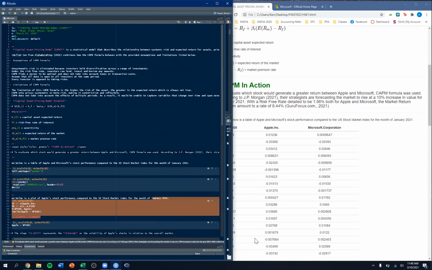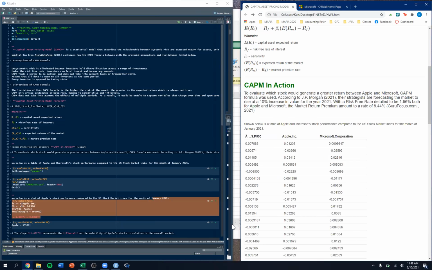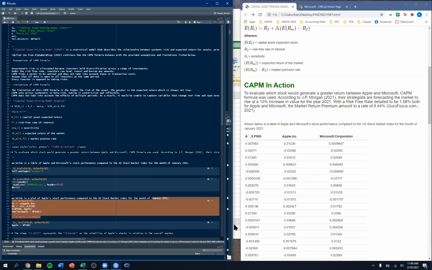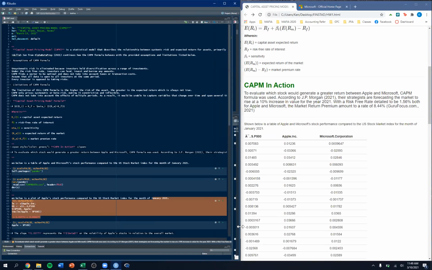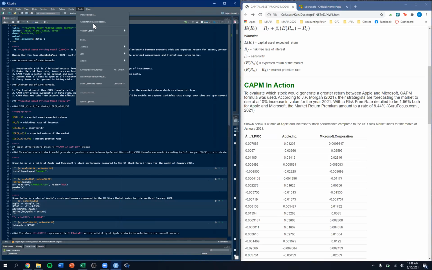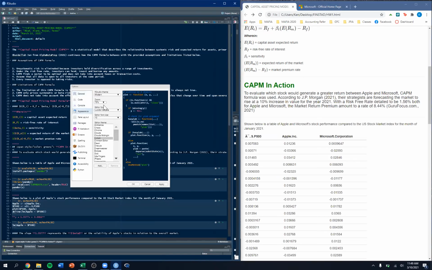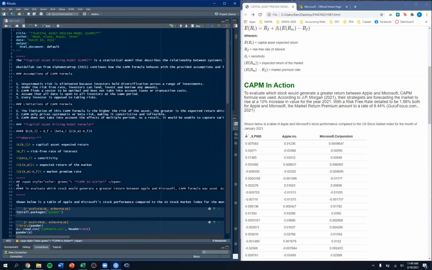Even the HTML will do. Under tools, you can still increase it, under global options, maybe in appearance. Zoom that. There, better. Thank you, sir.